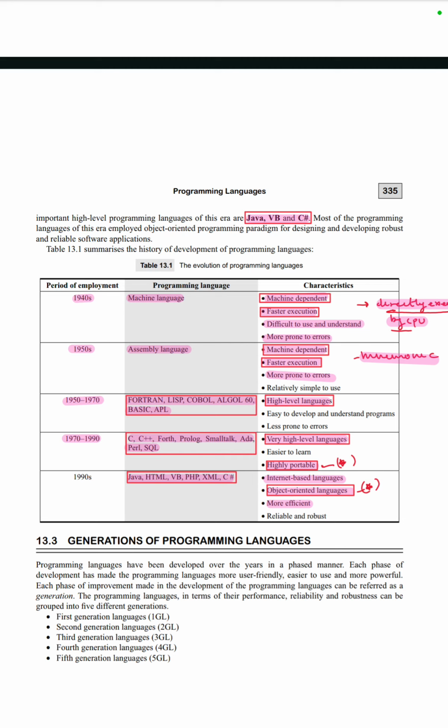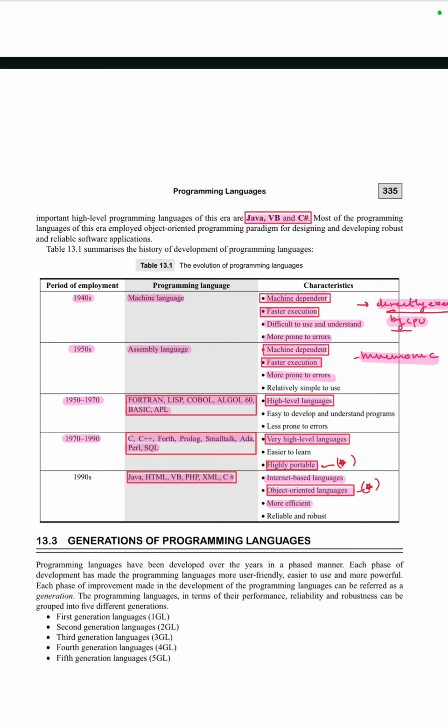In 1950, assembly language, which is also machine dependent, used the mnemonic method, with faster execution and more prone to errors. From 1950 to 1970, Fortran, Lisp, COBOL, ALGOL 60, BASIC, APL.